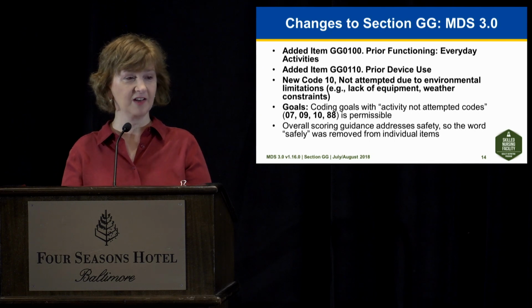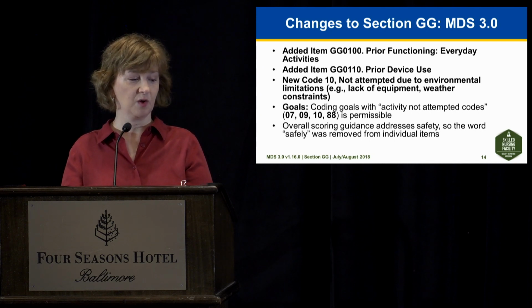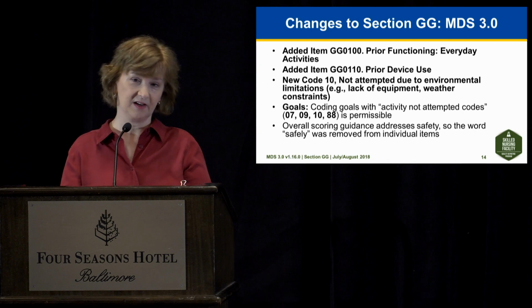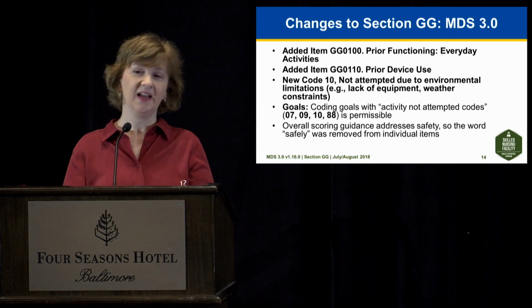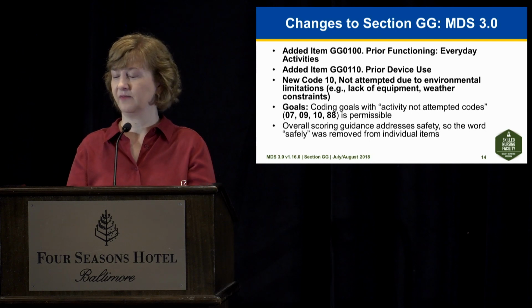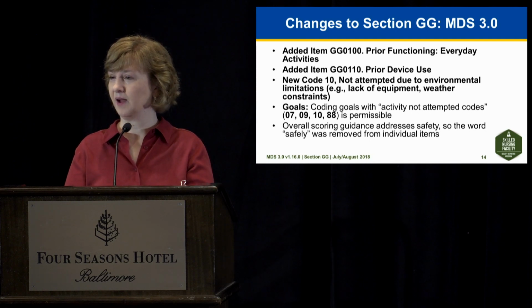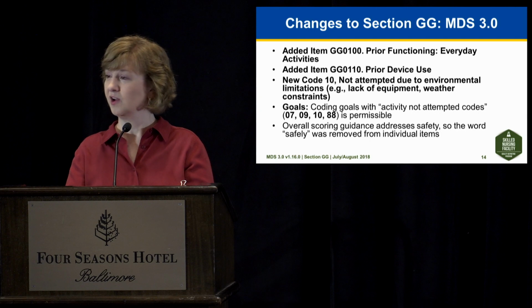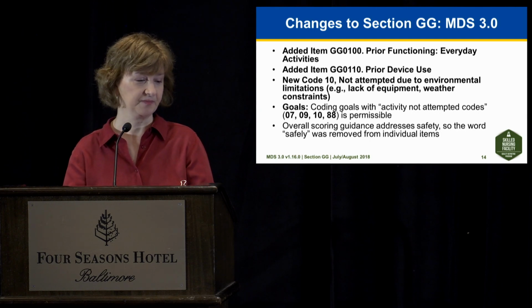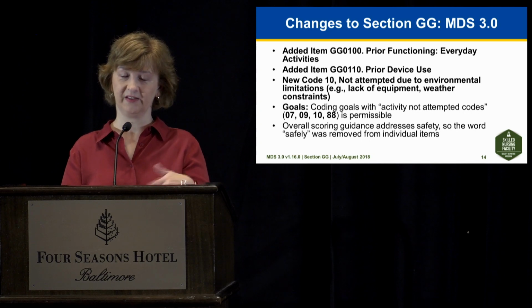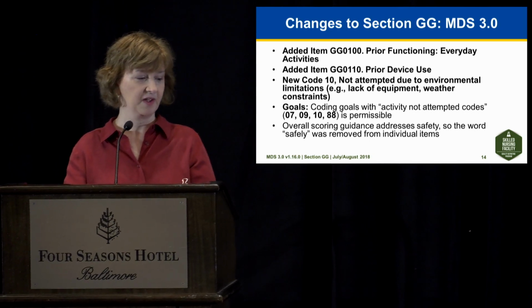So 07, resident refused; 09, activity not attempted, and it was not done prior to the current event; and the new code 10, 88, activity not attempted due to medical condition or safety concern. We do allow those as goals starting in October. And that applies not only to the MDS, but also to the other settings.